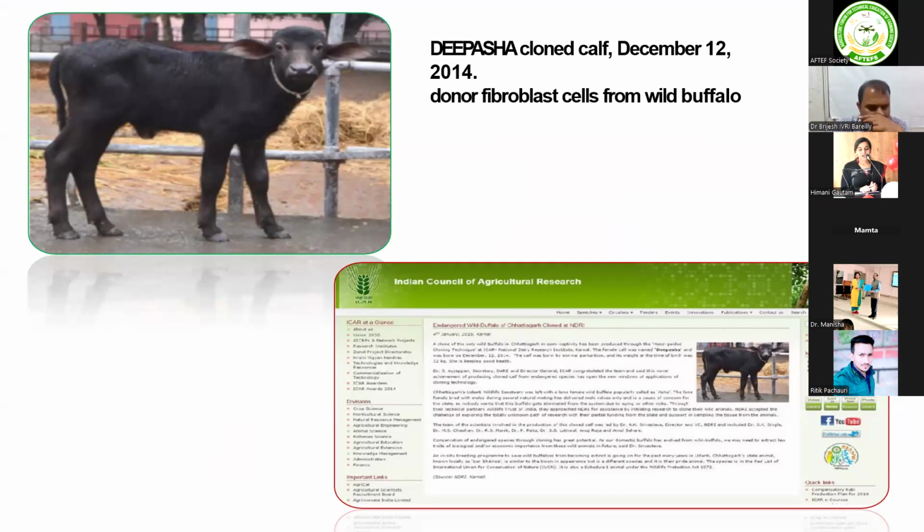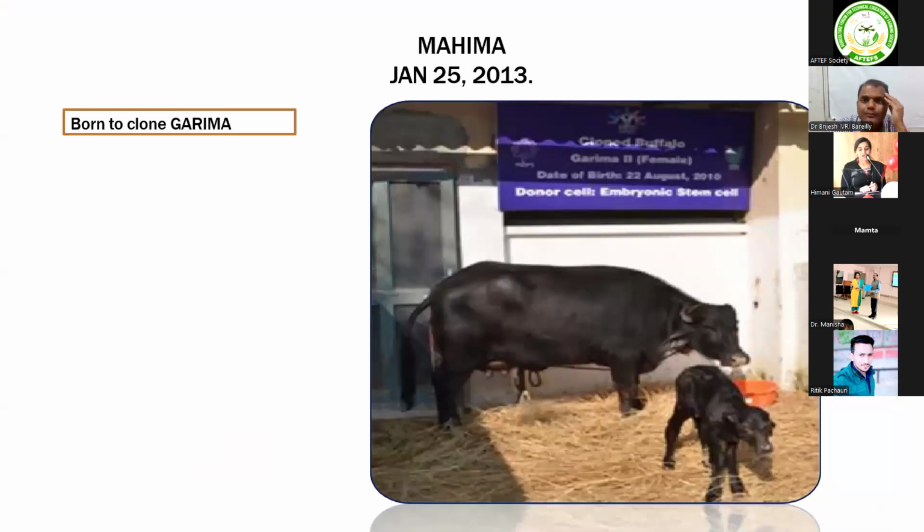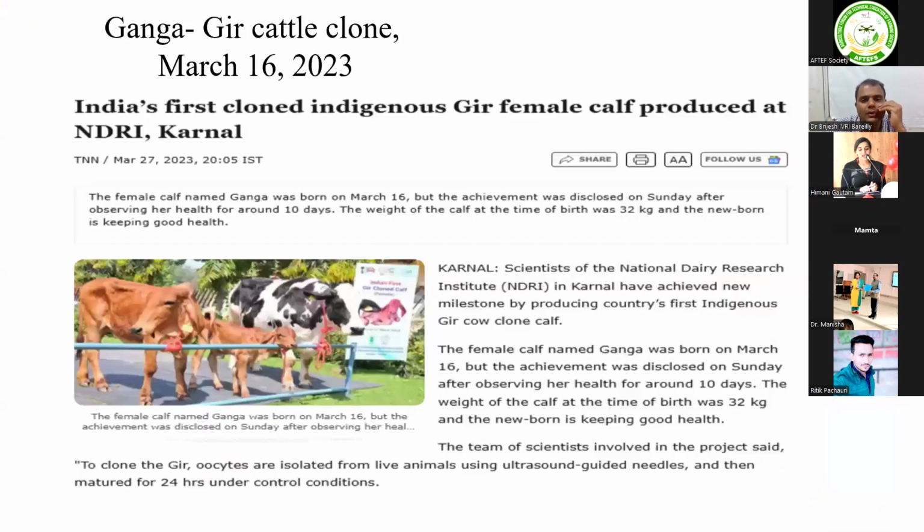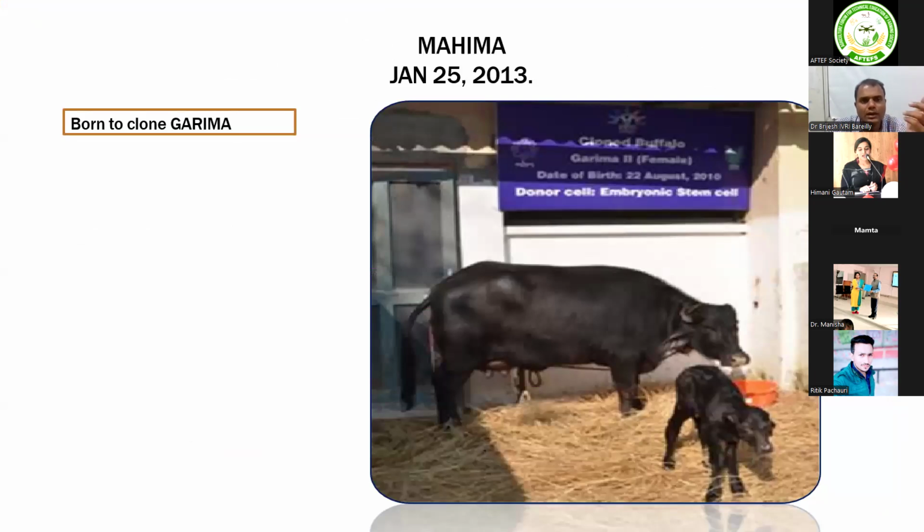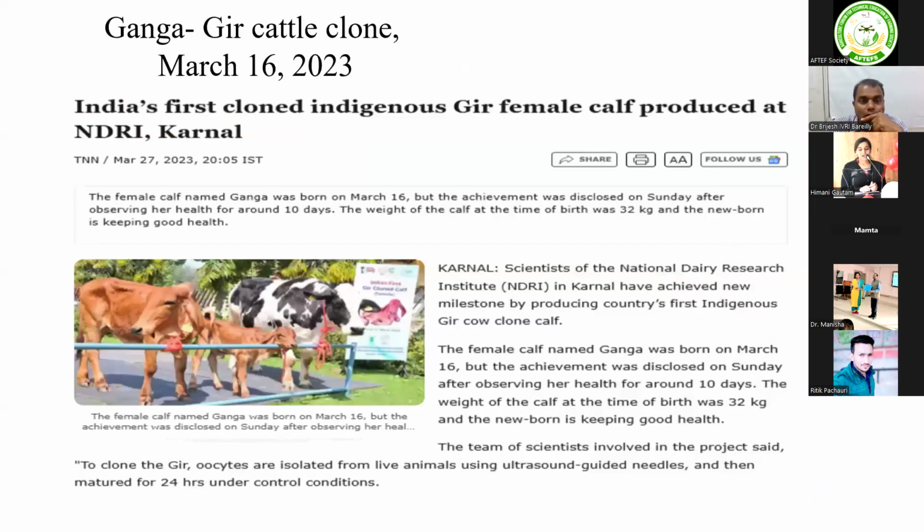Means their donor cell used to be different. Sometimes ear fibroblast, sometimes memory, sometimes dual cells they are using. And they produced Mahima, born to a clone. Means from clone Garima, they have produced Mahima also. First cloned indigenous Gir female produced at NDRI.